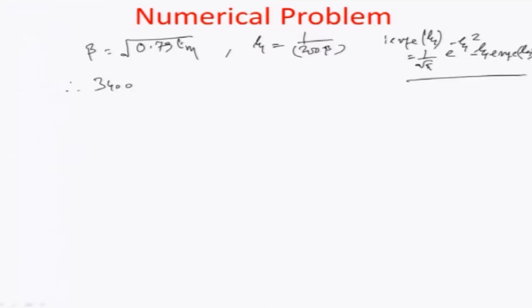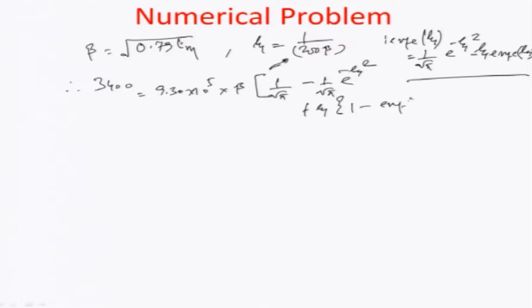Okay. So here the zeta value of course is 1 by 200 beta. So we can have this represented as 3400 equals 9.3 times 10 to the power of 5 times beta times 1 by root of pi minus 1 by root of pi exponential to the power of minus zeta square plus zeta times 1 minus error function of zeta.